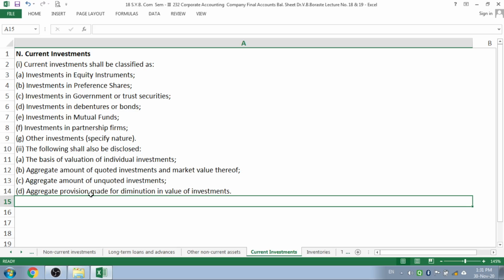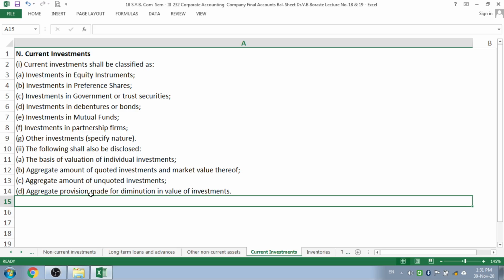Then current investment, the second part of the balance sheet, as we have already mentioned in the first video, which is headed under the current asset. Current investment shall be classified as investment in equity, preference shares, government or trust securities, debentures, bonds, mutual funds, partnership firms, other investments.